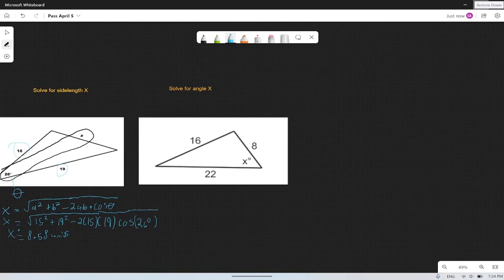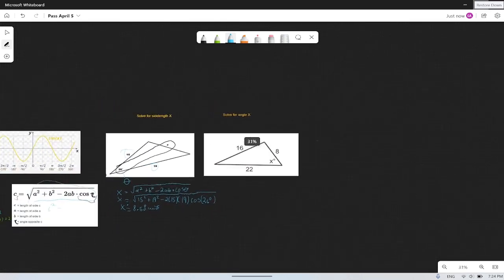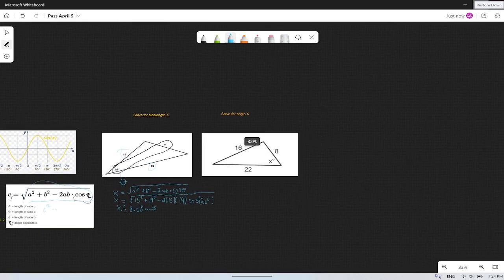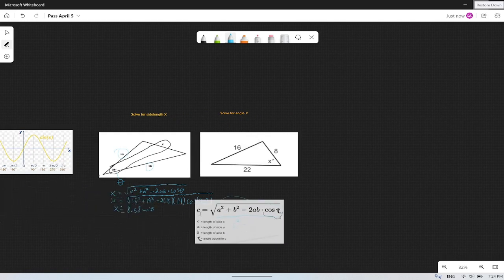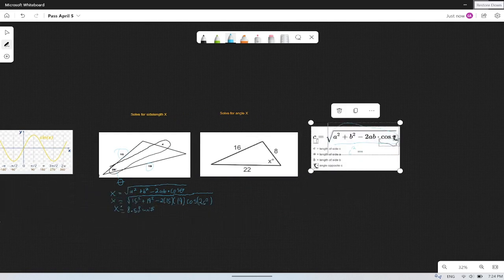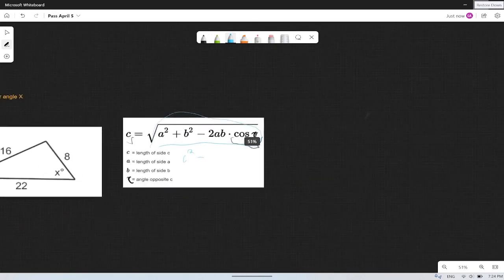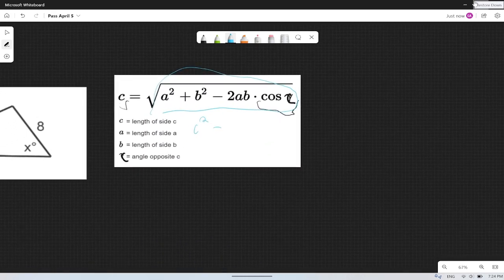But next up we have an angle, and we don't have our formula rearranged to find the angle. So the first thing I would do is rearrange this. We have C equals the square root of A squared plus B squared minus 2AB cos C. Let's first get rid of that root because we're after the C here, that's the angle. So we'll square both sides.